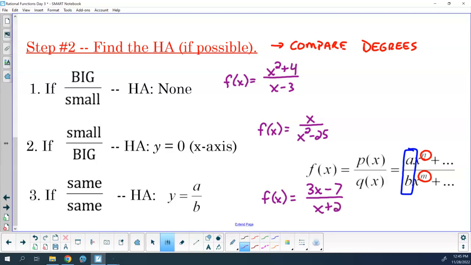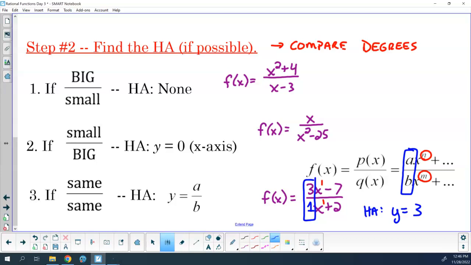In that case, the top degree is 1, the bottom degree is 1, same. So then I look at my A and my B. This just happens to be 1 there. So the horizontal asymptote here would be y equals 3 over 1, or just y equals 3. Okay?